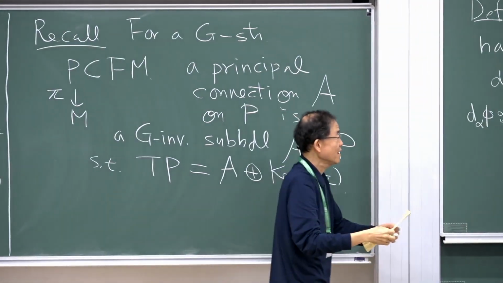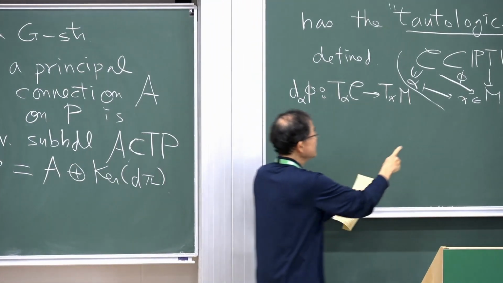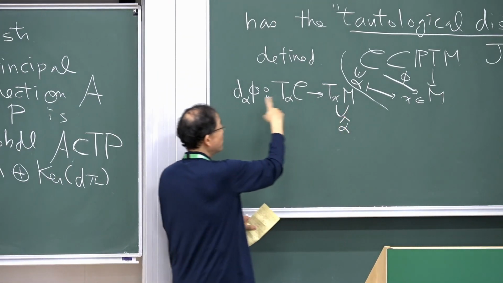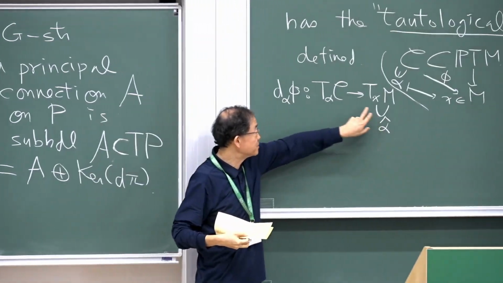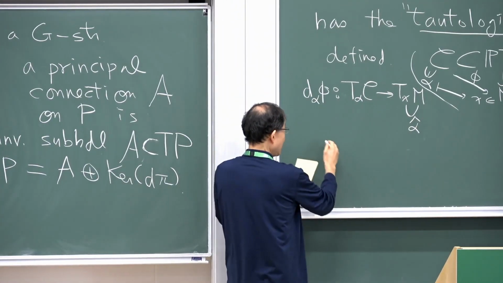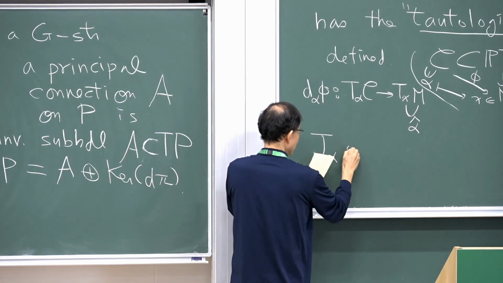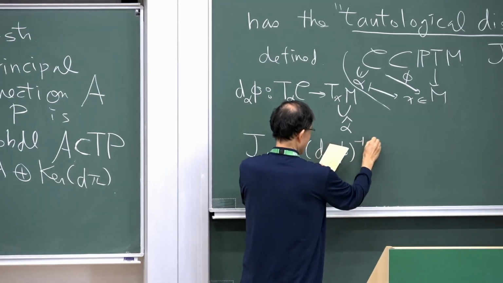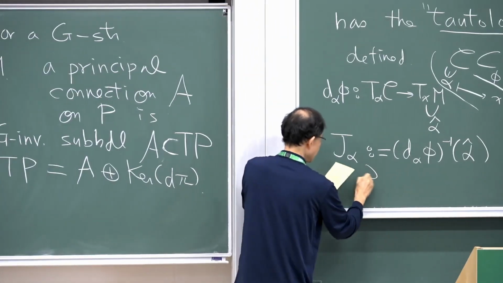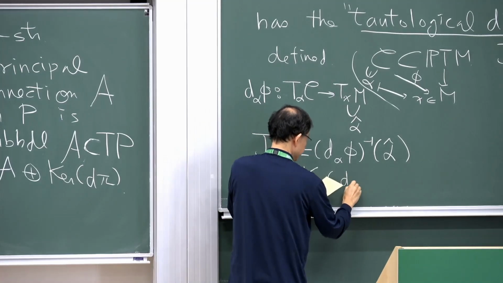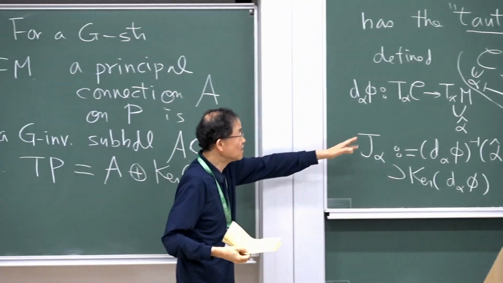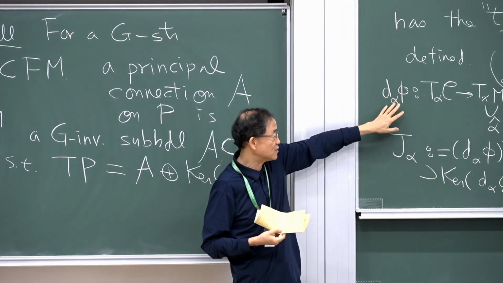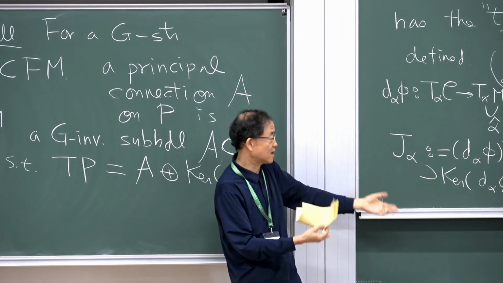Inside here, you have the affine cone of that point, the one-dimensional subspace corresponding to alpha. And then we define J alpha to be d alpha P inverse of that, which naturally contains the kernel. So this is called the characteristic, tautological distribution. Whenever you have a cone structure, there's a natural distribution coming from it tautologically.